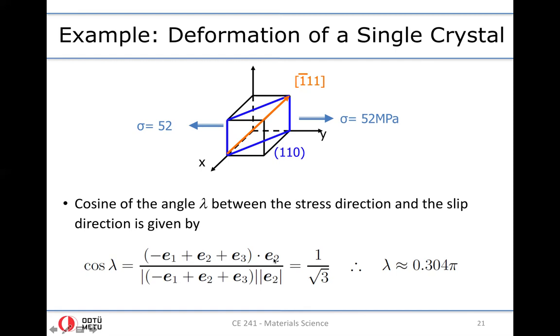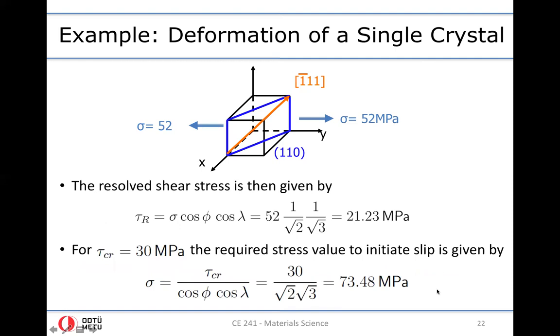The only thing that will survive here is the dot product between E2 and E2, which is 1. And the length of this vector, slip direction, is square root of 3. Length of the E2 is 1. Therefore, cosine lambda is equal to 1 over square root of 3, which corresponds to 0.304 pi in radians, the angle. But we don't need these angles anyways. What we need is just the cosines.